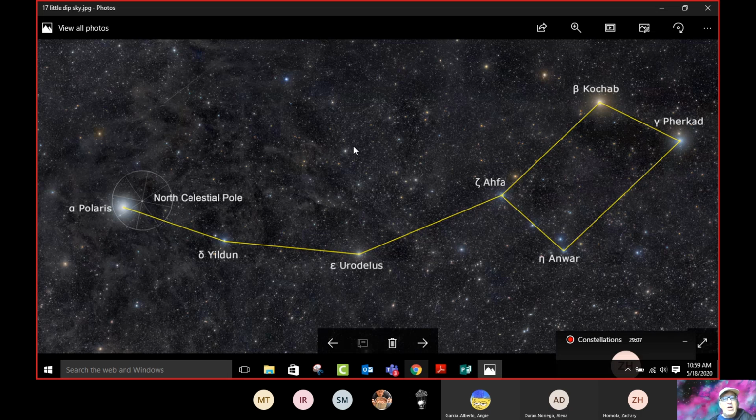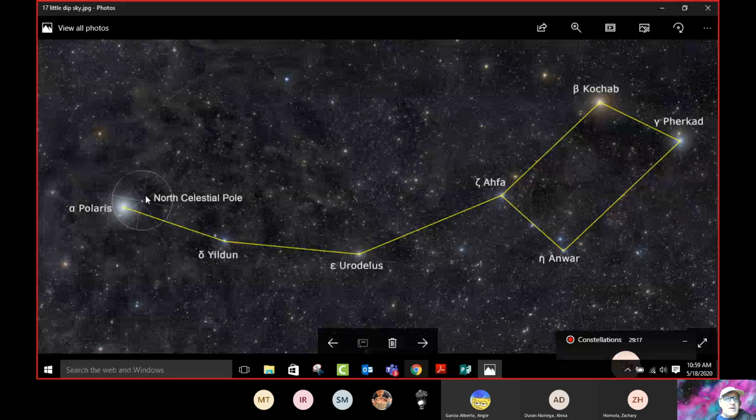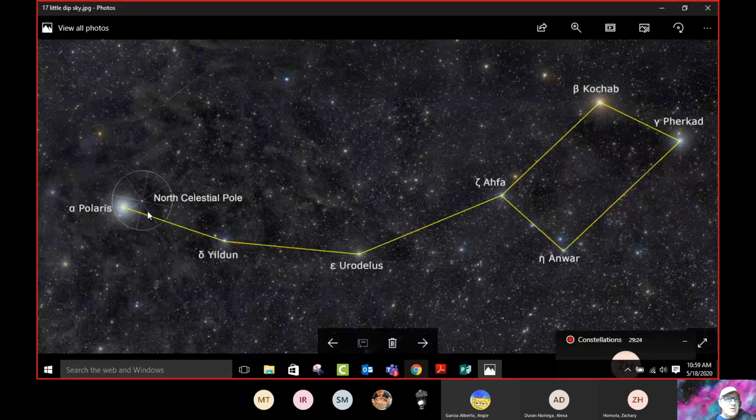This will actually wobble along a circular path, and every 27,000 years it makes this cycle of this circle. So where our axis points wobbles, and it's a 27,000 year cycle for this to change. And right now it's close to Polaris, but it isn't always.